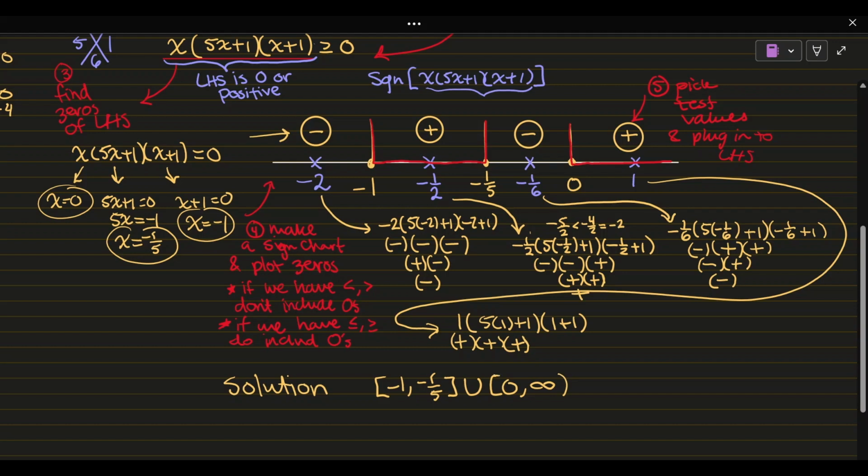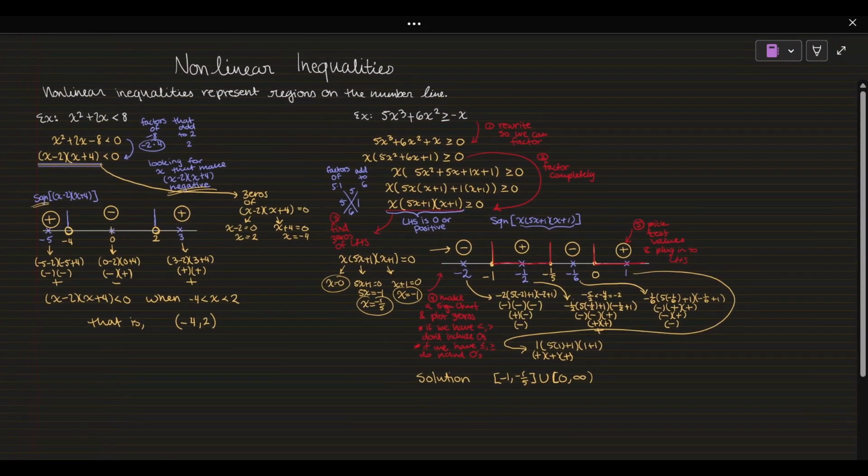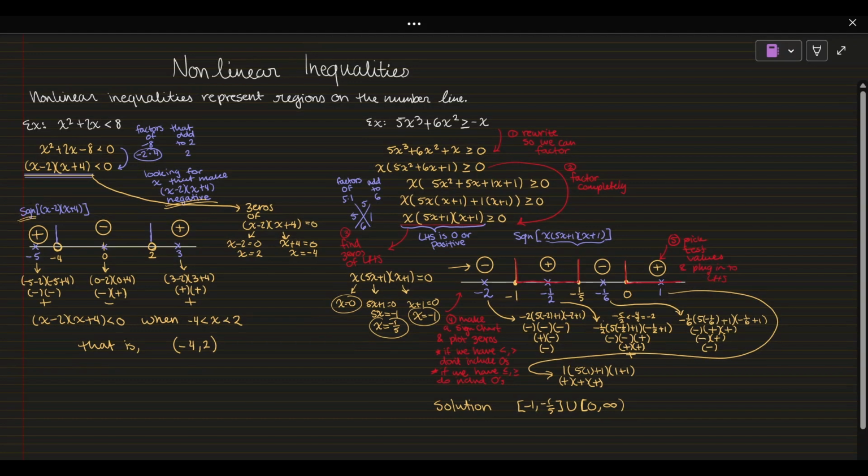Why do we include our zeros here? We include our zeros because remember we were looking for when we were 0 or positive. Our zeros are zeros, right? Clearly. So we include them in this case. Okay. So that does it for quadratic and some other kind of polynomial inequalities that you might see.